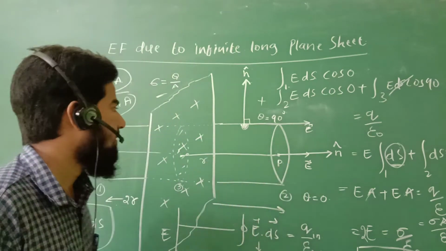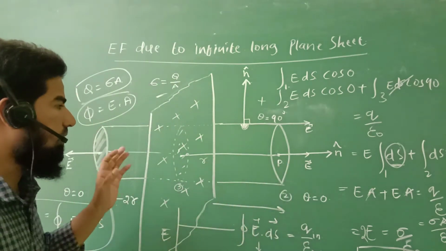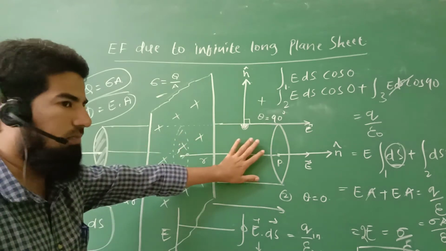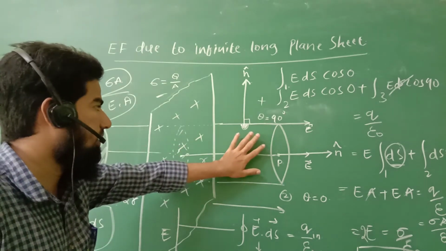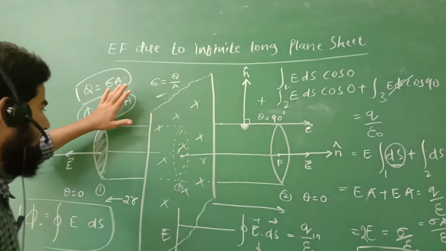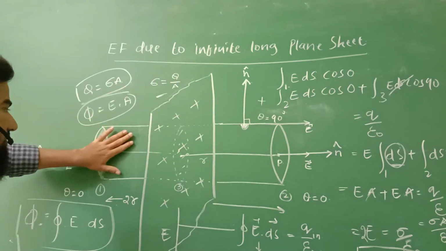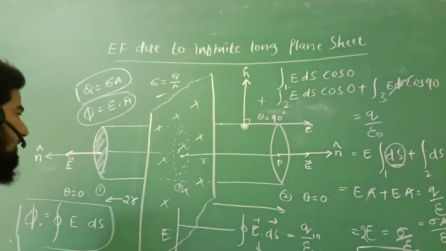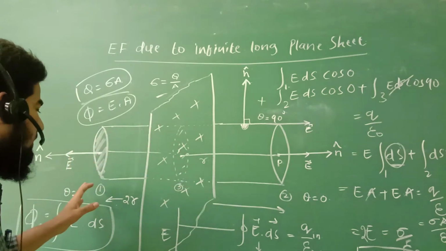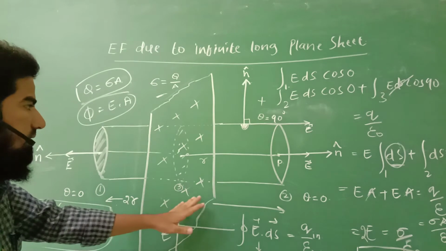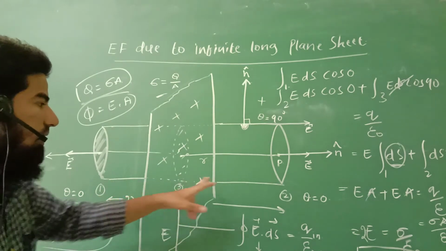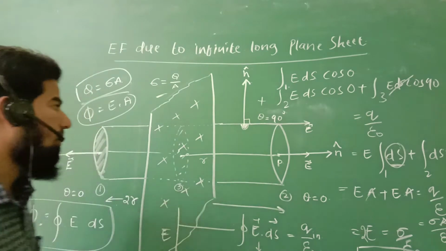So one portion of the cylinder is on one side, and the other part of the cylinder is on the other side. The total length of this cylinder is 2r.